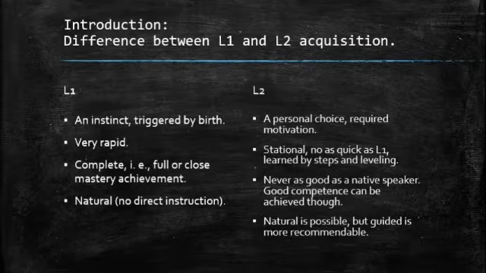It is also gradual and not as quick as first language acquisition, and it's learned by steps and leveling. It's never as good as a native speaker, however, good competence can be achieved. Natural is possible, but guided is more recommendable.